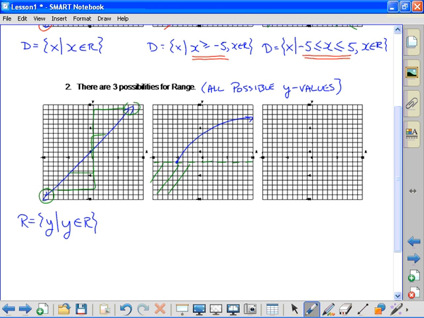The graph does not exist in this region, so I need to tell the reader that the only possible Y values start here and go forever along the Y-axis. So range is my Y values such that Y is always greater than or equal to, is it -2? I'm having a hard time reading off the smartboard here. Element of real.